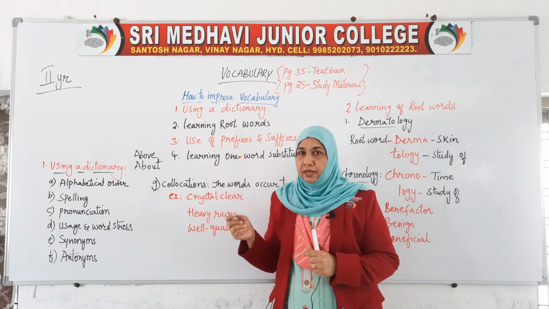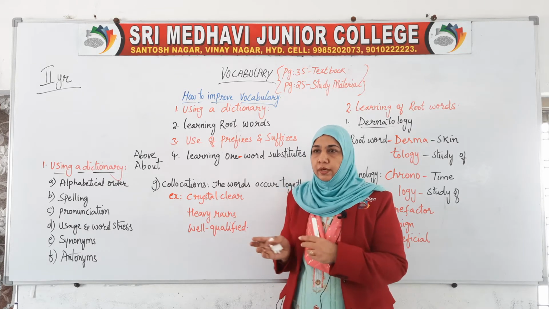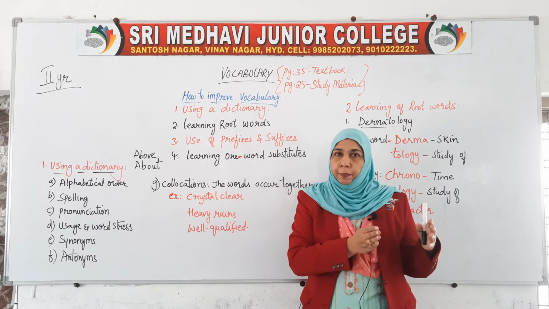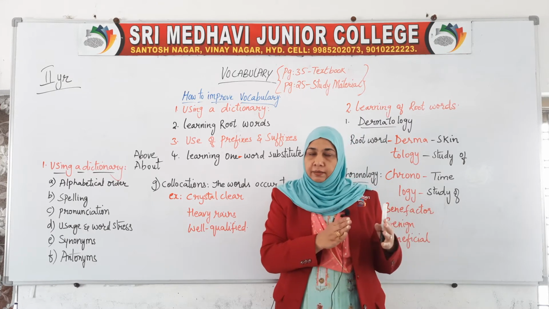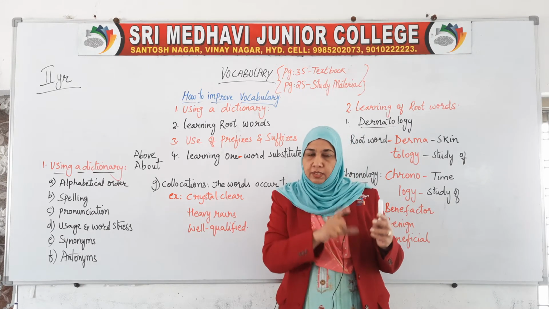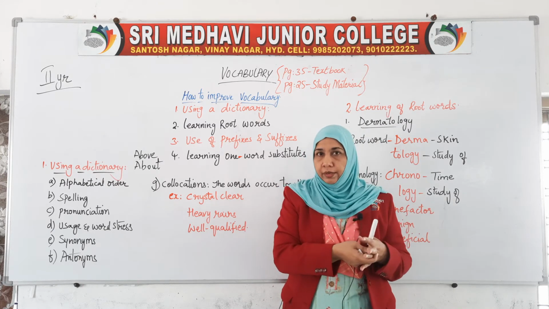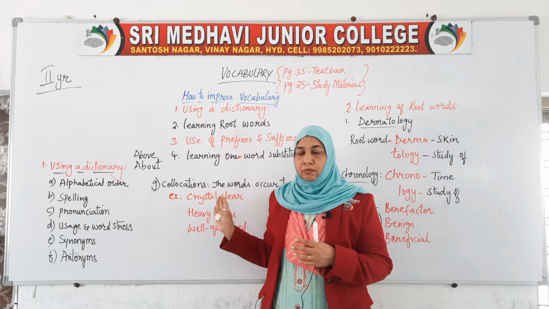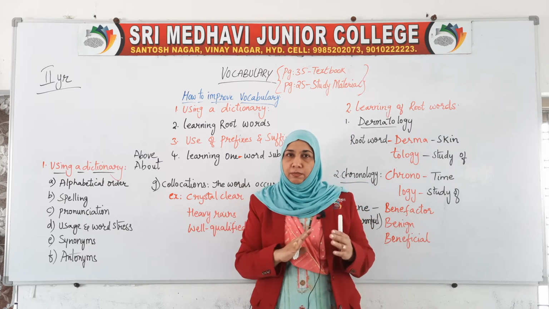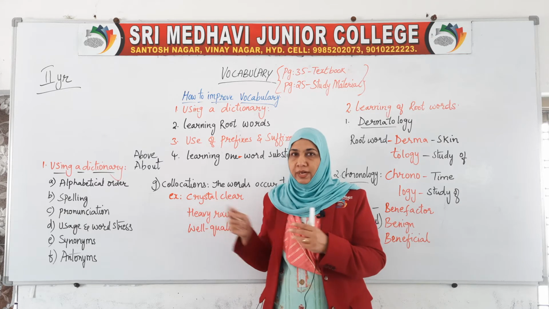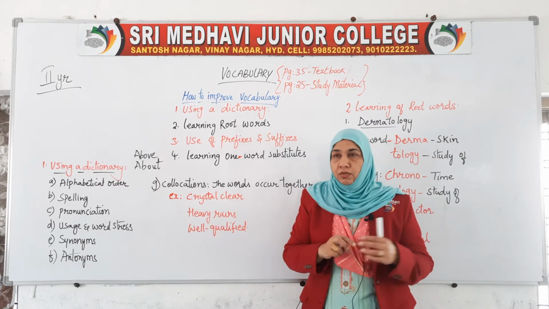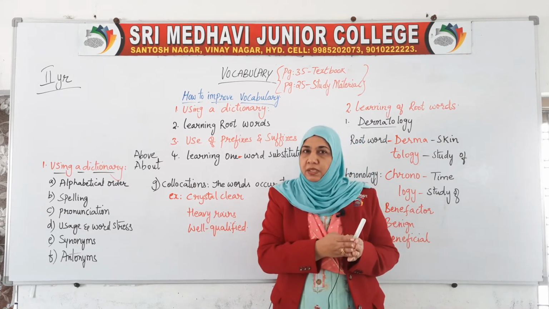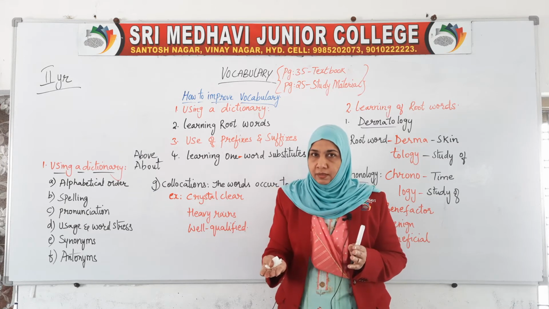Like suppose you are finding one word like discontented. Discontented word is there, and you are checking out that word, because I don't want to take words with normal meanings, and I don't want you to get the simple words. So discontented means dissatisfied.